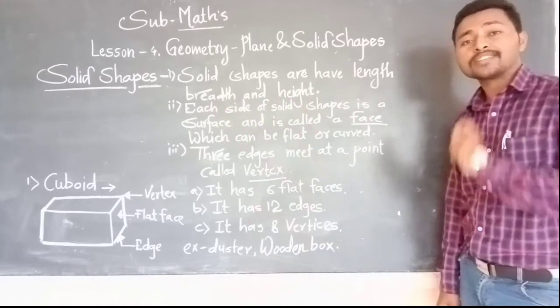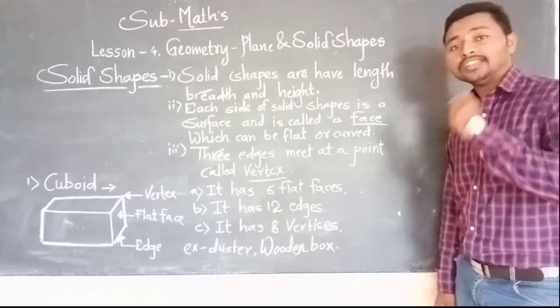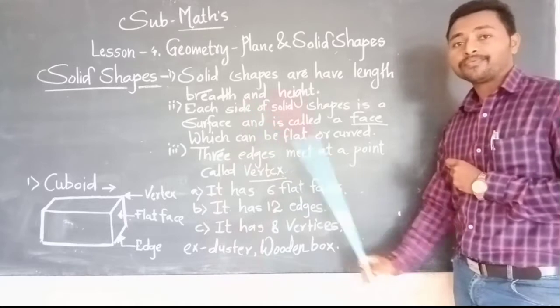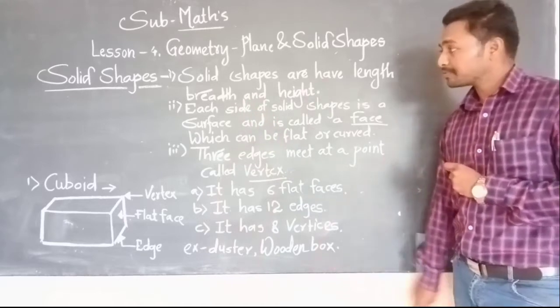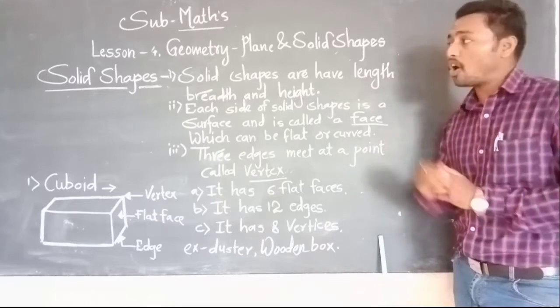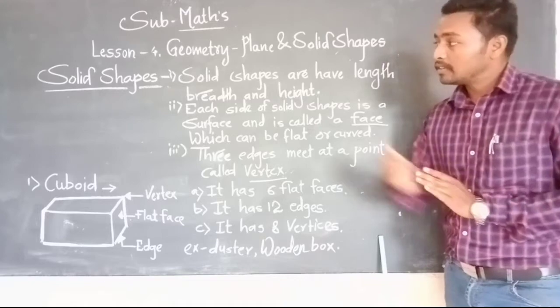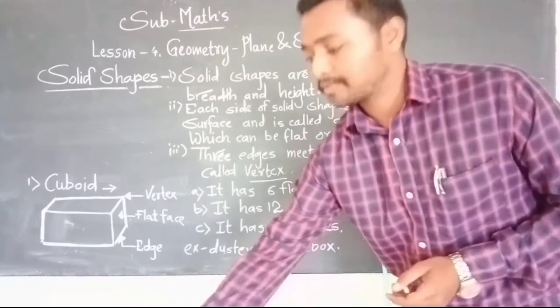Those kinds of objects that have length, breadth and height belong to solid shapes. I would like to show you one object which follows all the characteristics of solid shapes, that is a cuboid.